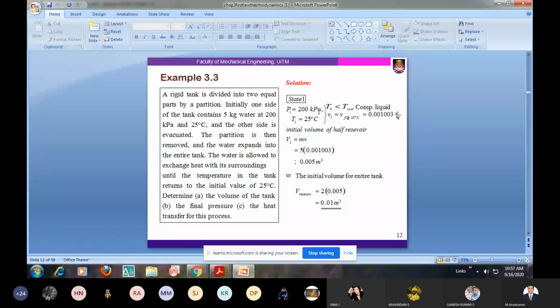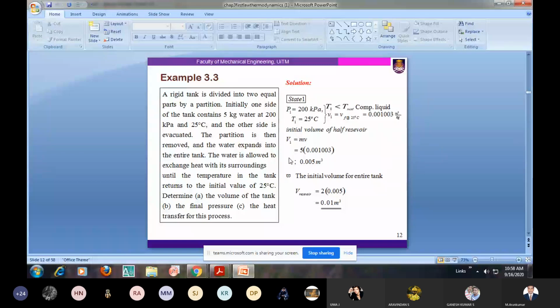So we can calculate the volume: specific volume is equal to volume by mass, so we can derive the equation, volume is equal to mass into specific volume. We know the mass, and we found the specific volume. If you multiply these two, we get the volume of the half reservoir. So the volume of the half reservoir is 0.005 meter cube.